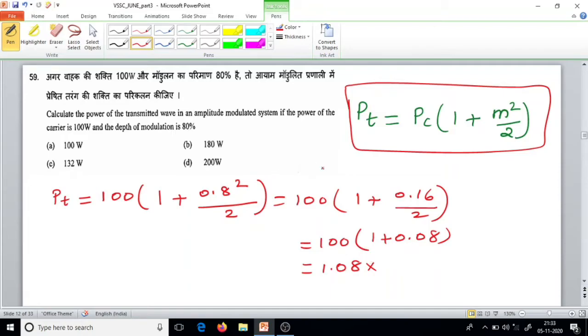Oh, mistake. Sorry. Here 0.8 square equals 0.64. So this is the mistake.